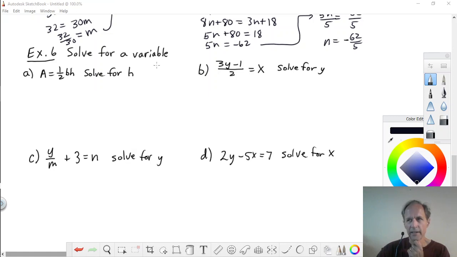So I'll write it down over here to show you what I mean. This could be written a equals bh over 2. That's the same thing. A half bh is the same as bh over 2. Multiplying by a half is the same as dividing by 2, is one way to look at it. So that's what you've got.